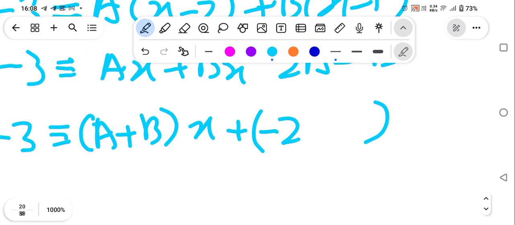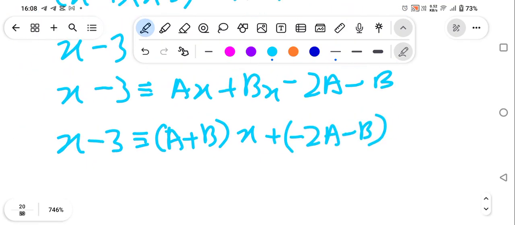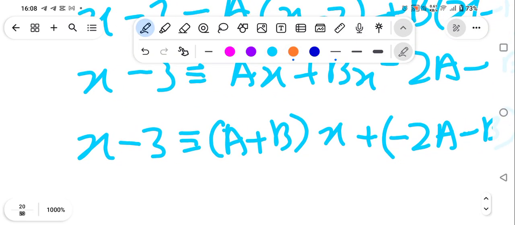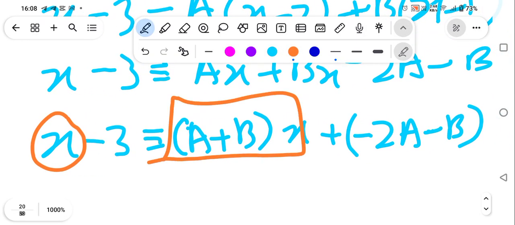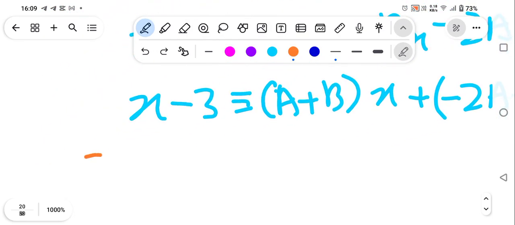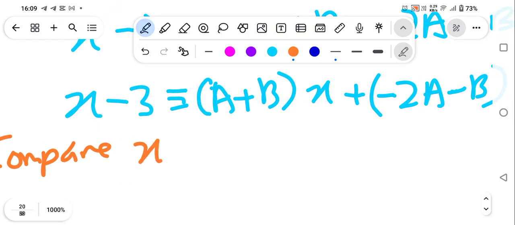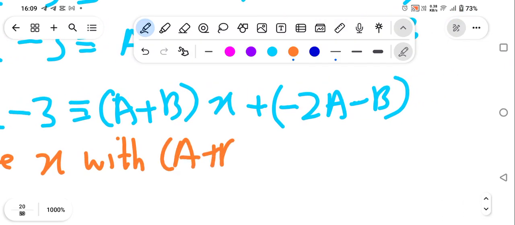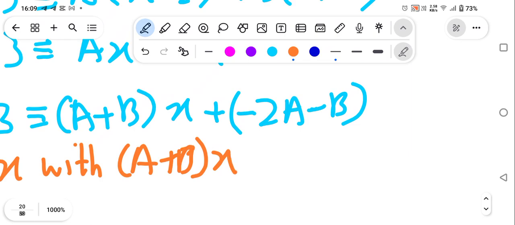You see, this x is equal to this. We're going to compare x with a plus b times x. Since these are similar, we're just going to let x be similar to a plus b times x.